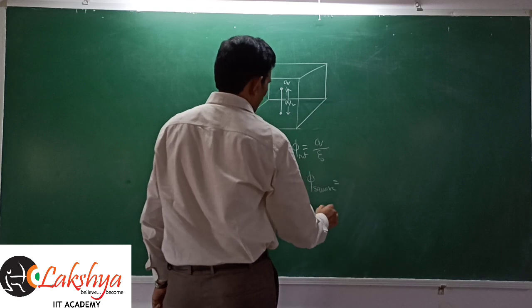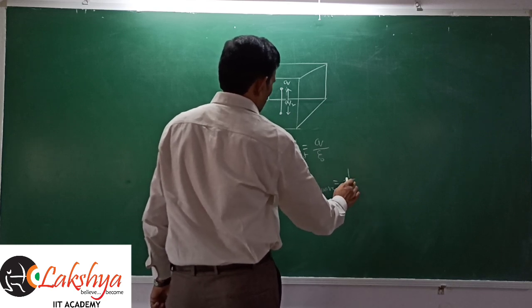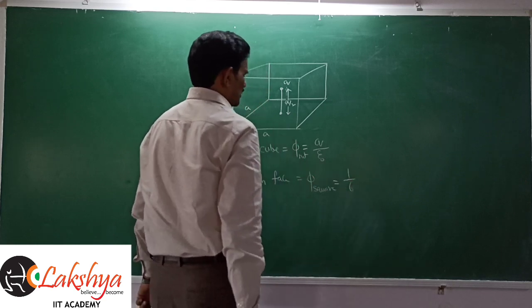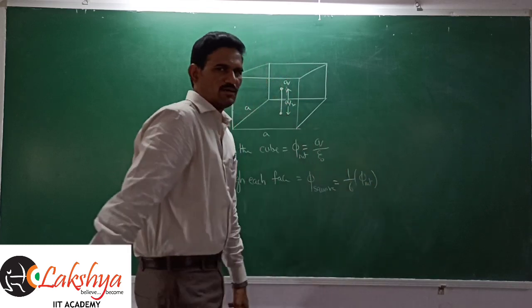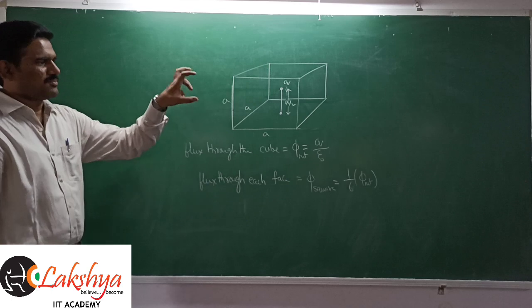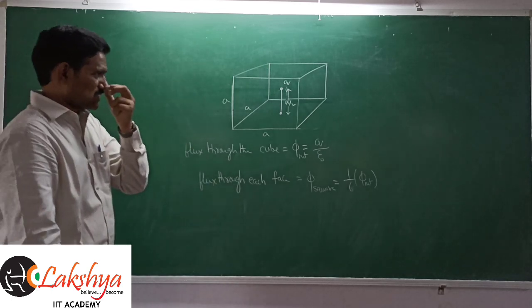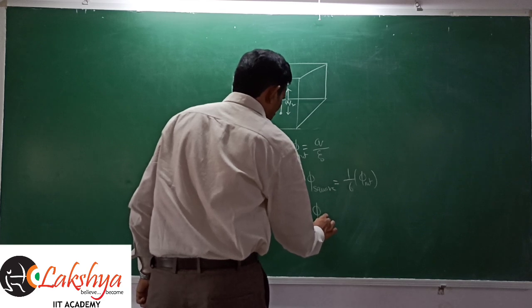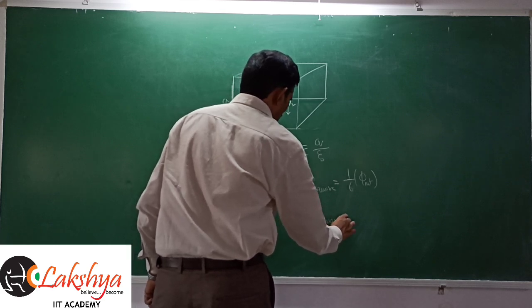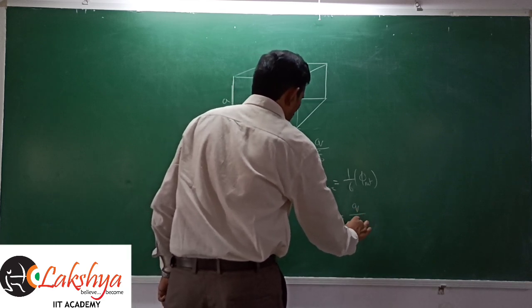That is our required value. As the charge is present at the center, we can write it as 1 by 6 times the net flux, right? Because that flux will be symmetrically distributed among all the 6 faces. Therefore, the flux passing through the given square is q by 6 epsilon naught.